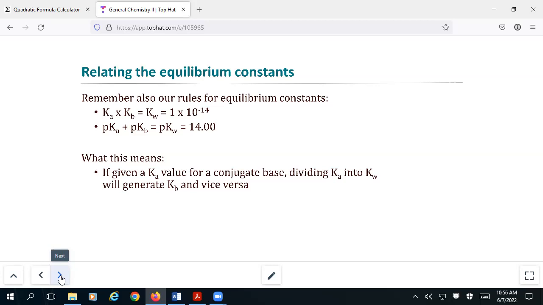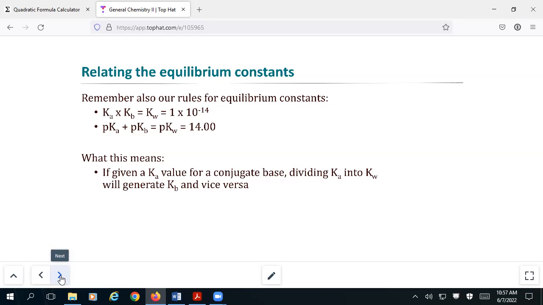So a lot of times we will see the acidity of an acid, its strength, listed off as a pKa value instead of a Ka value. And one of the reasons for it is simplicity. Instead of a really, really, really small number, I can give a pKa value that is a lot more manageable.